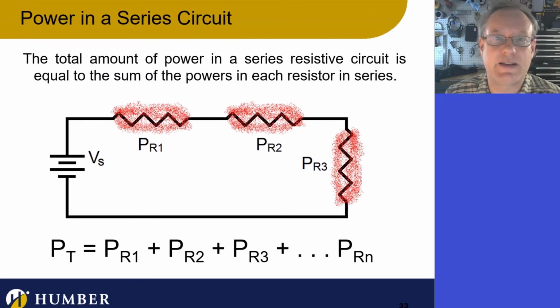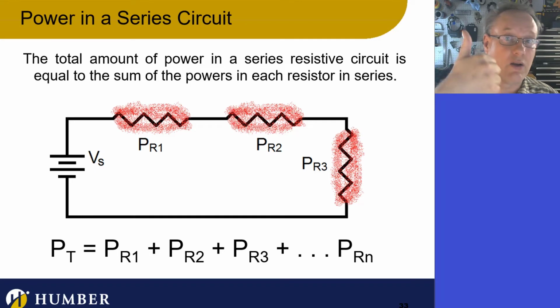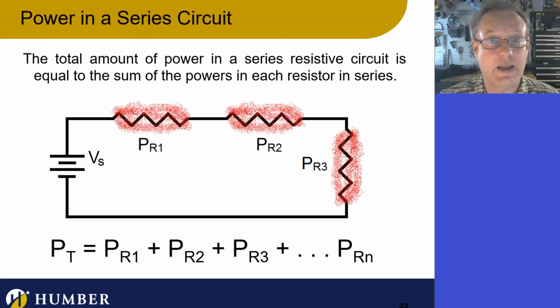Dude, power, this is where we bring back that joules per unit time, that use of energy per unit time. Now, this can really help us wrap around why the total power in a circuit is the power of R1 plus the power of R2 plus the power of R3 plus the power of R4, going on like that.